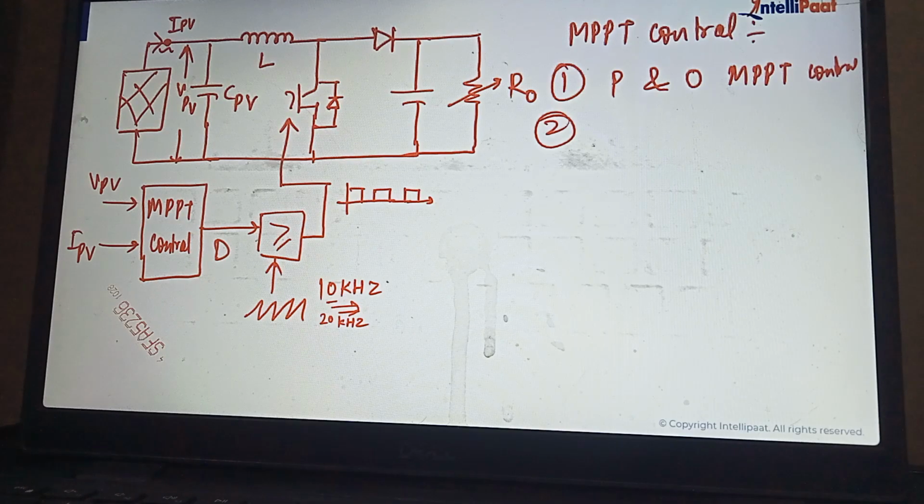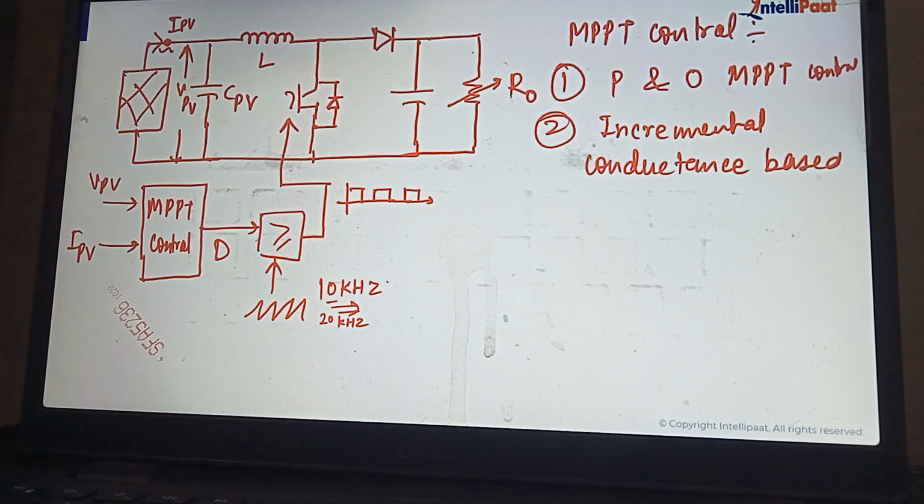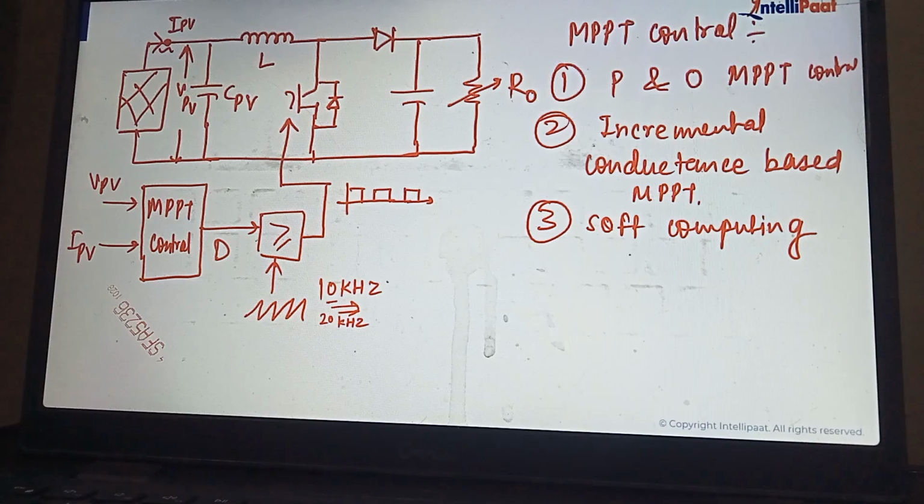The second one that is very famous is incremental conductance based MPPT. Some soft computing techniques, like optimization methods, people are also using to obtain this MPPT.